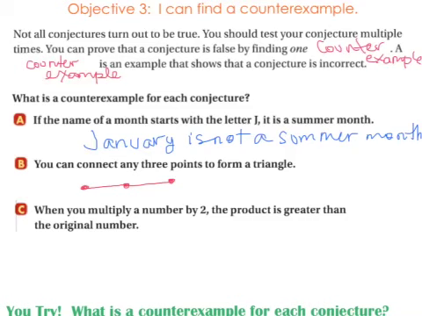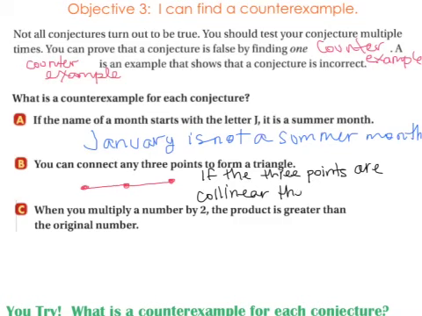So here's my counterexample, and I can write that out in words too instead of just giving a picture. I can say if the 3 points are collinear, then they cannot form a triangle.